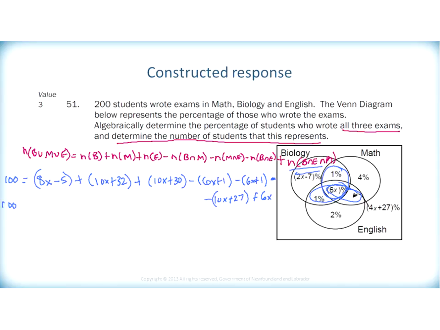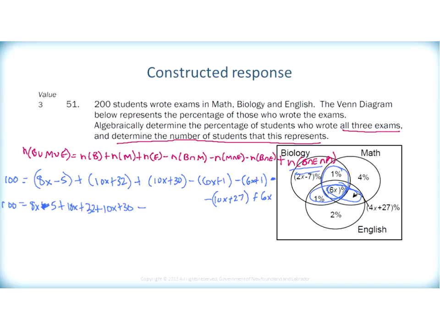So we have 100 will equal, when we remove the brackets here, we must recall we're subtracting all of this. So this will be subtract 6x, subtract 1. We're subtracting all of inside the bracket. So we have 8x subtract 5 plus 10x plus 32 plus 10x plus 30.